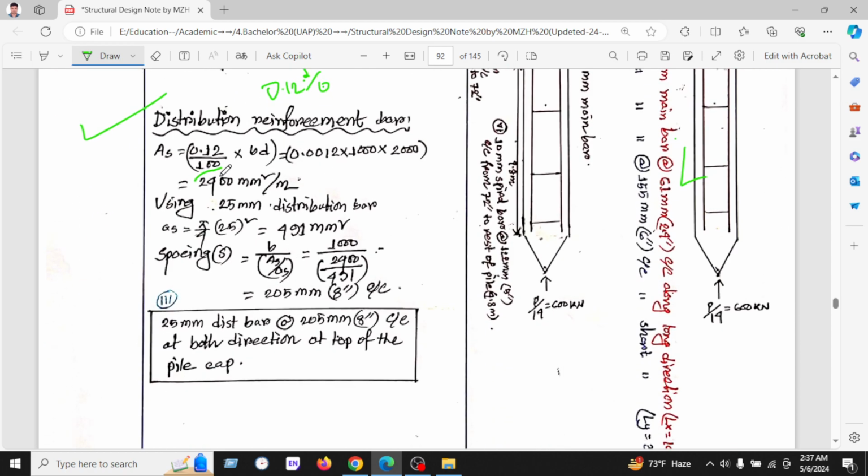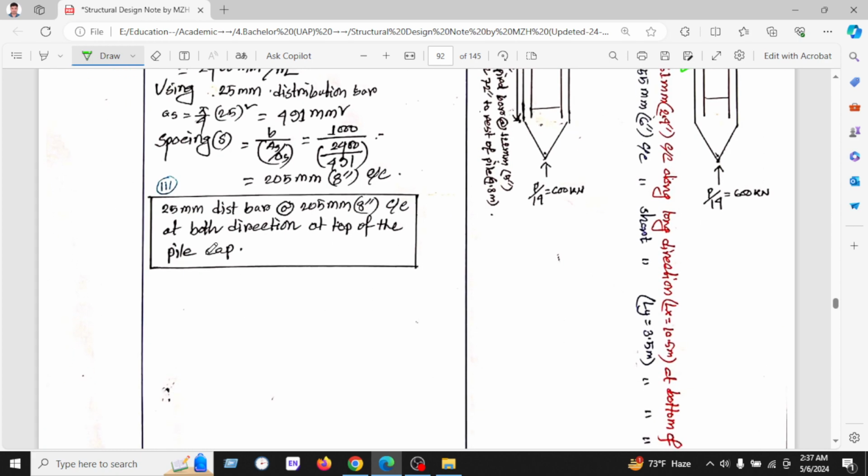That's why I have put this value 0.0012 into b d and found 2400 millimeter square. Using a 25 millimeter distribution bar, the area of a 25 millimeter bar is 491 millimeter square. So the spacing is b times the bar area divided by As, which is 205 millimeter or 8 inches center by center. So a 25 millimeter distribution bar at 8 inches center by center in both directions at the top of the pile cap.